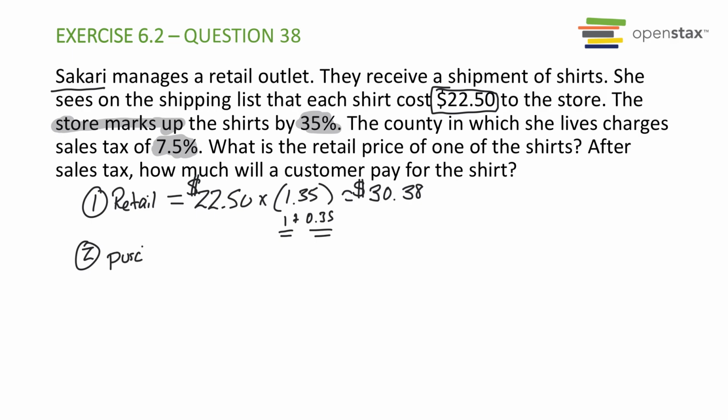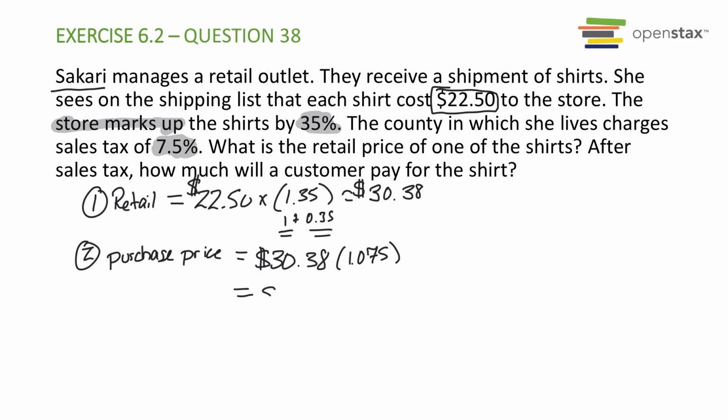And then two, if we go to purchase it, then the purchase price is going to be the $30.38. And then we can use our trick again, because we're basically marking it up again because of sales tax, and do 1.075. So that's going to be 30.38 times 1.075.